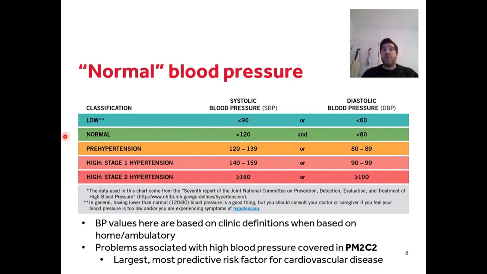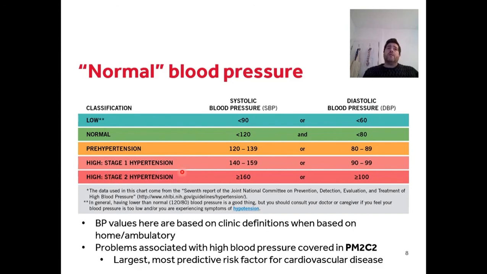It's also worth bearing in mind that this normal is based on a young Caucasian male, as so many things are, so a little deviance from this normal blood pressure is quite normal.